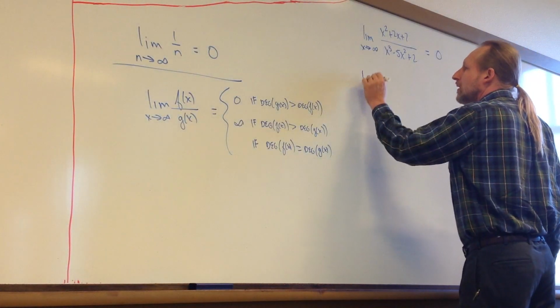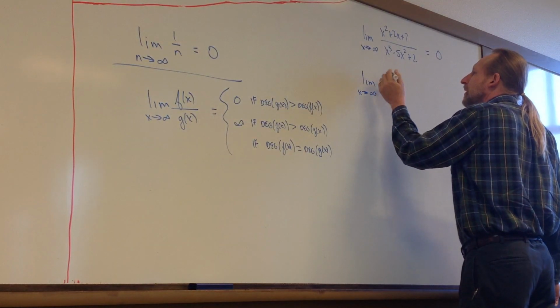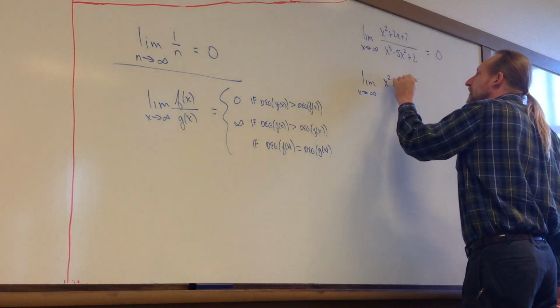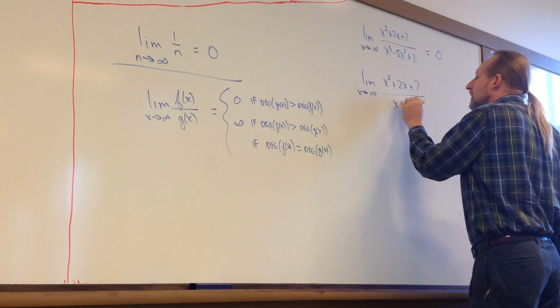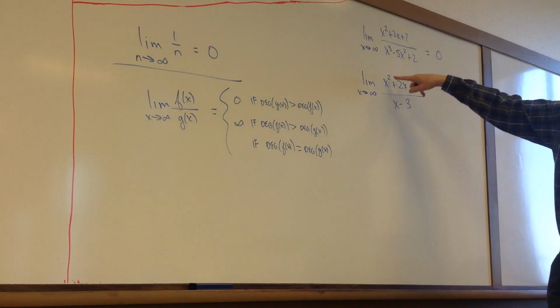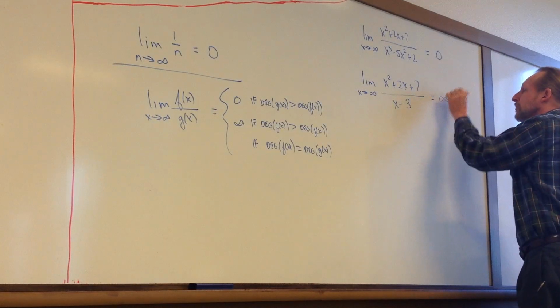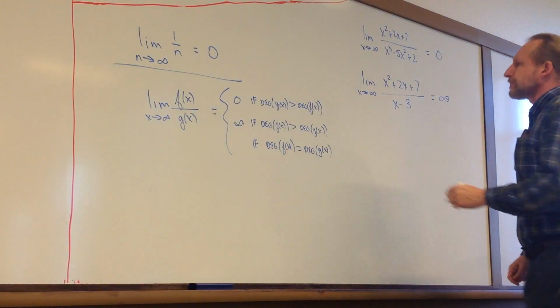Okay. What if we take the limit as x goes to infinity for, let's keep the numerator the same, and the denominator, we'll call it x minus 3. So now the degree in the numerator is higher. This is an x squared, this is an x, and so this will be divergent, and we can say that its limit goes to infinity.